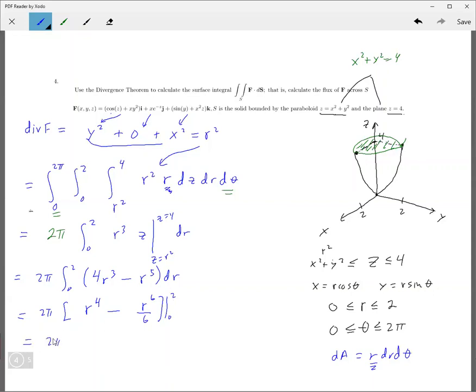So 2 to the 4th is 16, and 2 to the 6th is 64, right? Yeah. If you simplify that, that's 32 pi over 3.